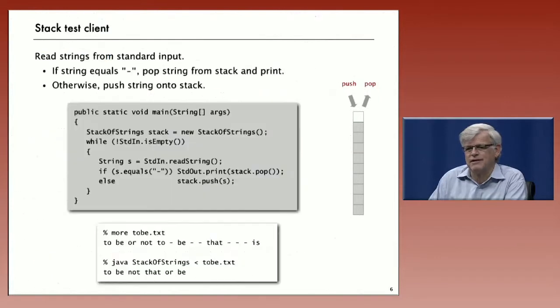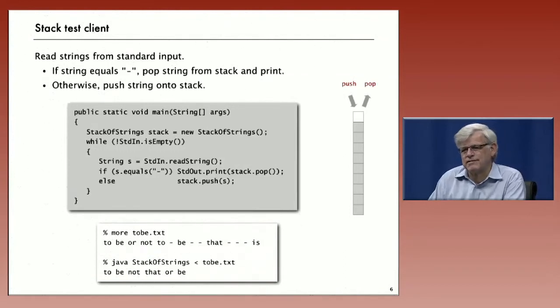Our simple client is to take some strings on standard input and some pop commands which are indicated with hyphens. So this client reads strings from standard input. If the string is equal to the hyphen character, it'll pop the string at the top of the stack and print it.